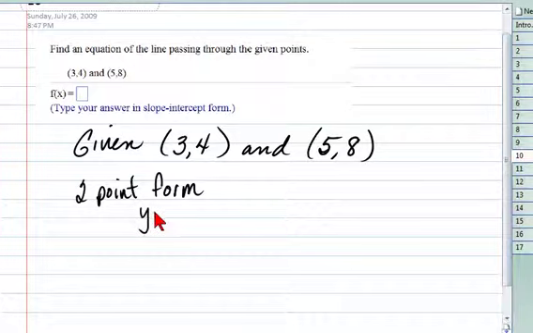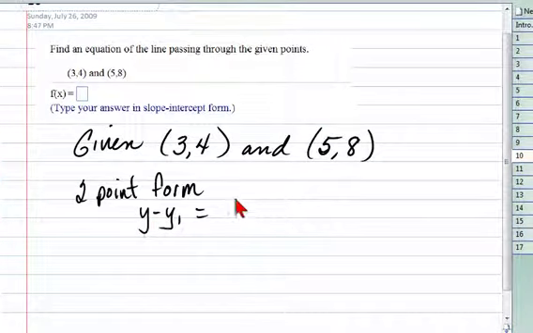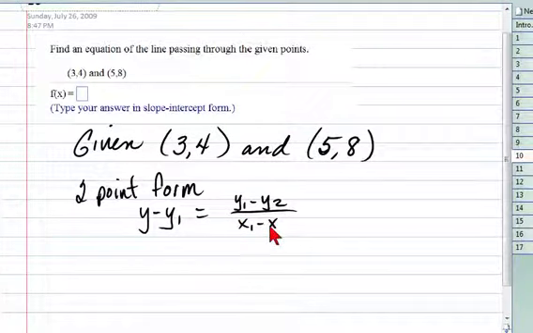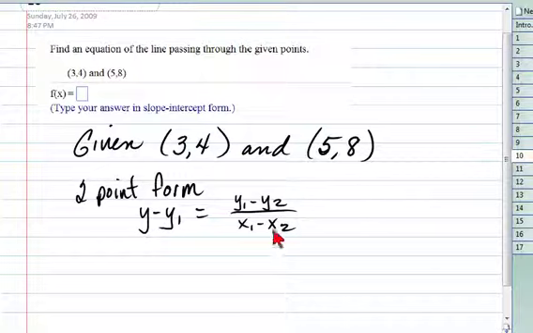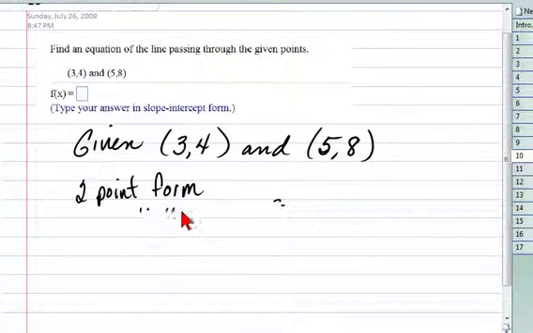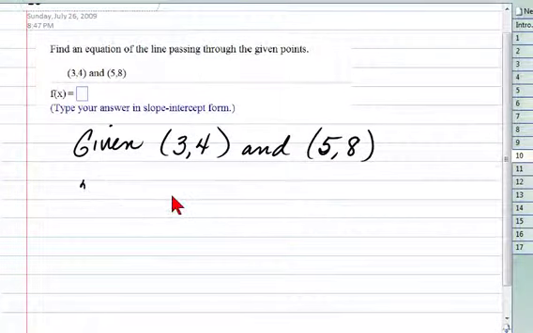It is y minus y1 is equal to y1 minus y2 over x1 minus x2 times x minus x1. People get confused about what's a 1 and a 2. Now, maybe I'm just prejudicing you against that form, and I shouldn't. It's a legitimate form, but I've just seen too many people fall apart with it, so I don't do it.